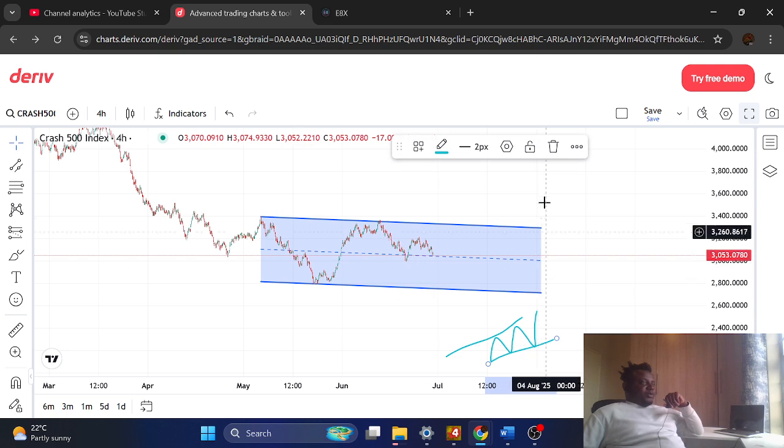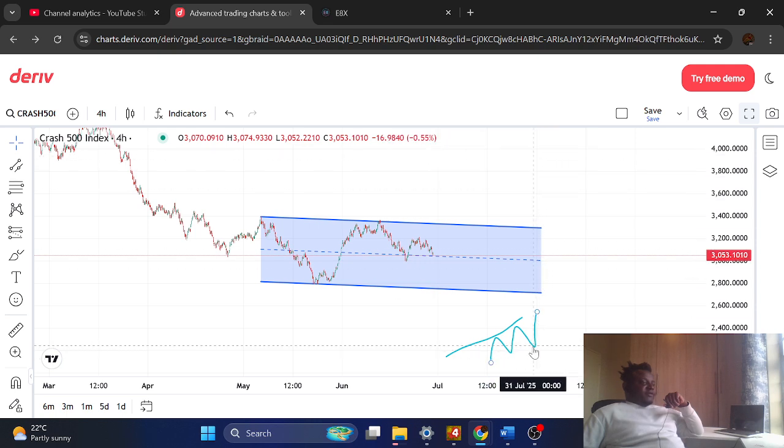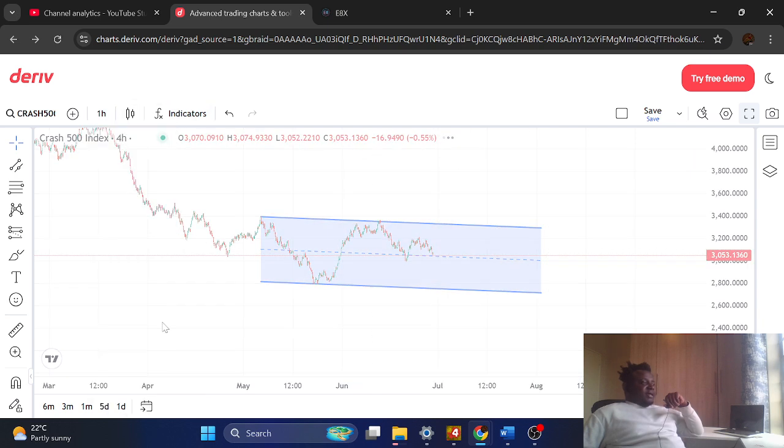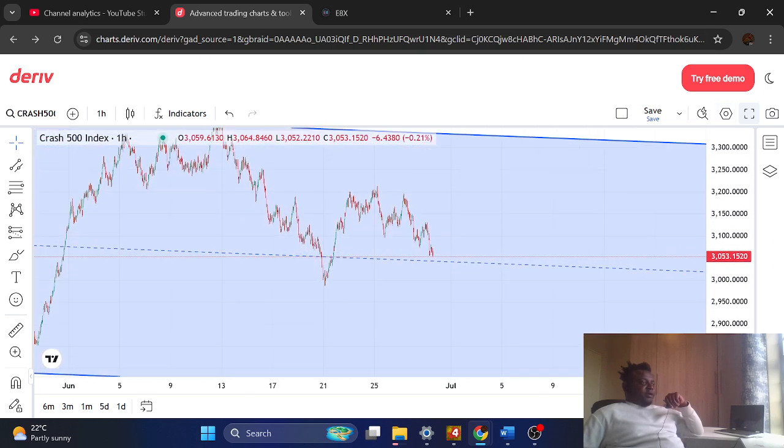So we change time frame and move to a smaller time frame. Right now I'm on the 4-hour time frame. I am going to move to the 1-hour time frame to get a clear view of what's happening inside the market, inside the smaller time frames. So this is the 1-hour time frame.